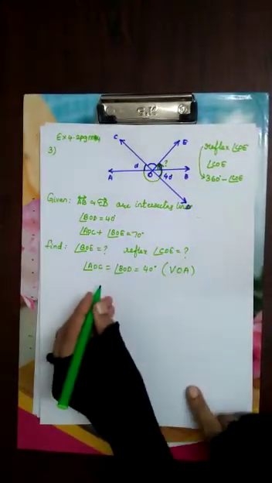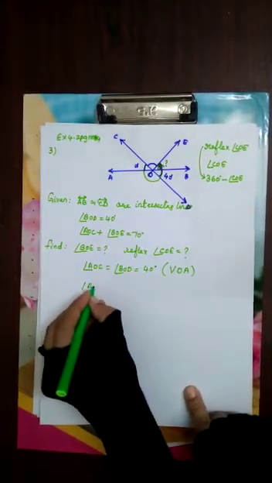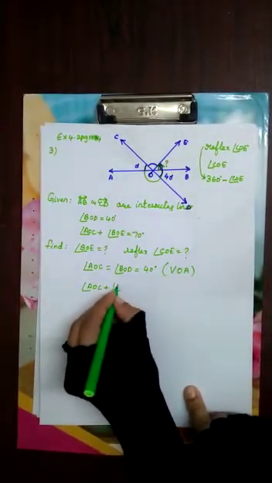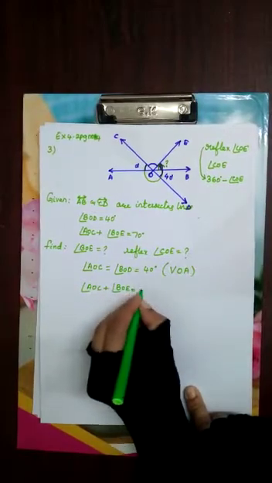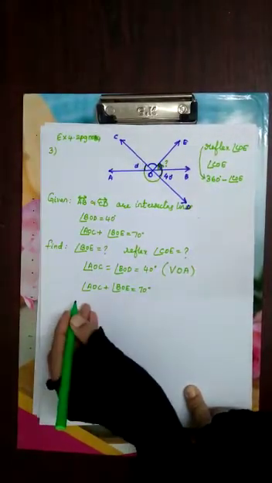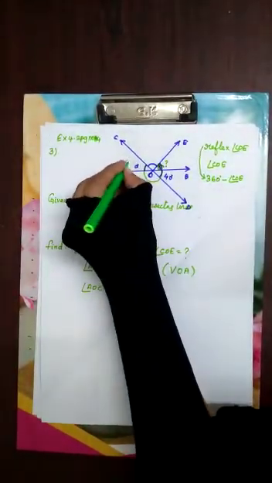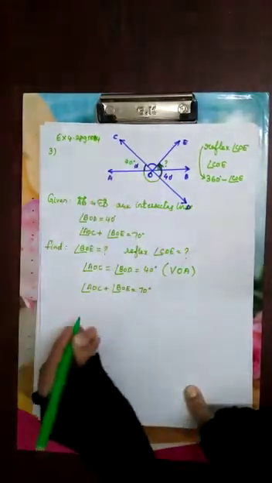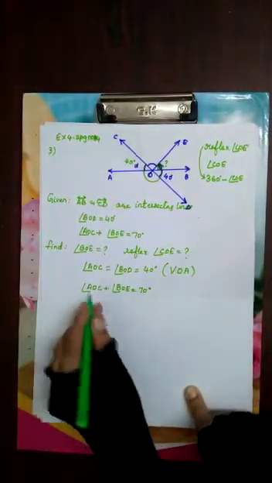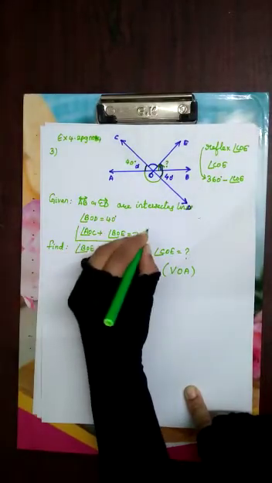Now in the question they gave us angle AOC plus angle BOE is equal to 70 degrees. This is given to us in the question. Just now we have found this as 40 degrees and we said it is vertically opposite angle. Yes, children? Now this condition is given to us.